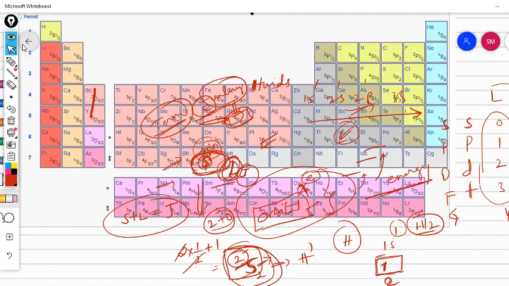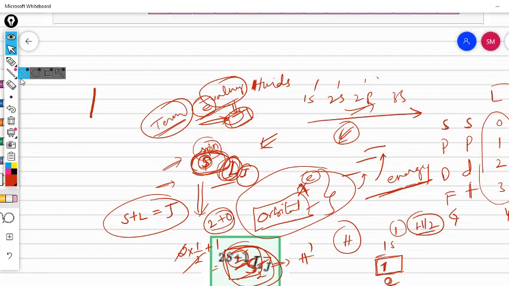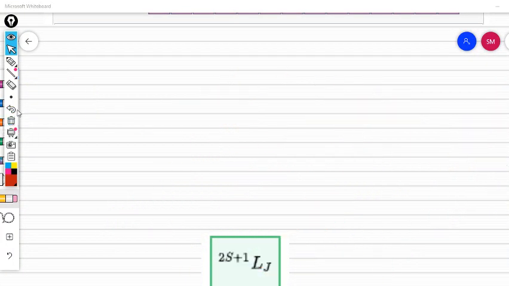Now we will consider one more example for 2S plus 1. Let's take manganese in the plus 2 condition. What is the electronic configuration of manganese? It is 3d5 4s2.